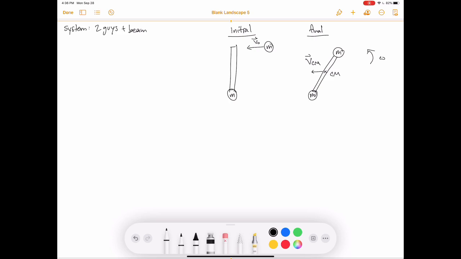Okay, so during this motion, there's no overall external force acting on the system. And there's also no overall external torque.